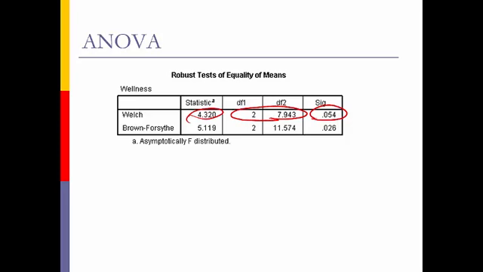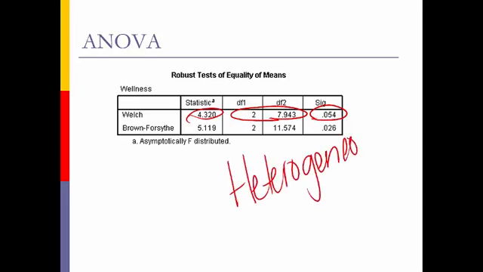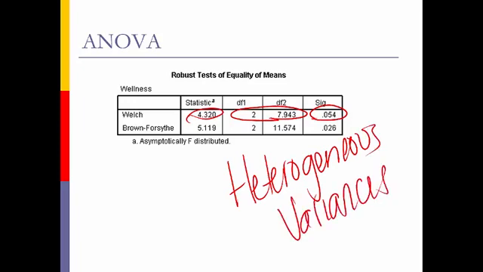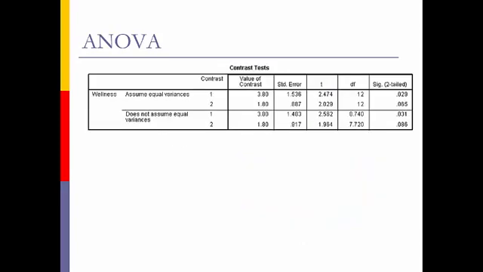But because we have homogeneous variances, we don't have to look at this. So this is only if you have heterogeneous variances, you have to look at this. All right, the contrast, we already looked at this, but we know that we don't have to look at this information.